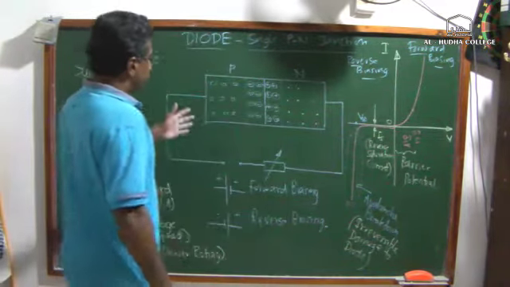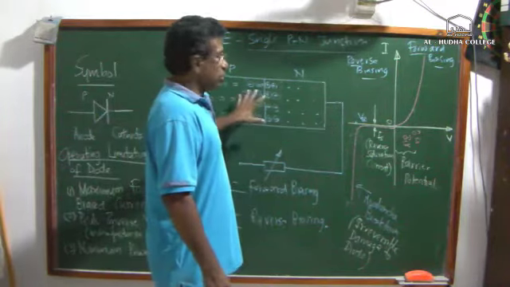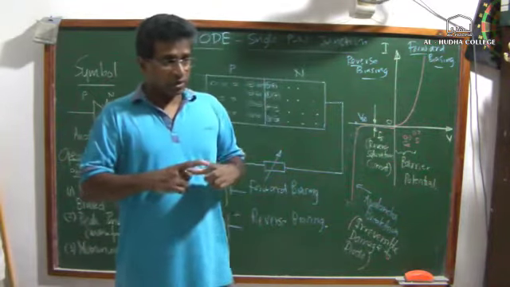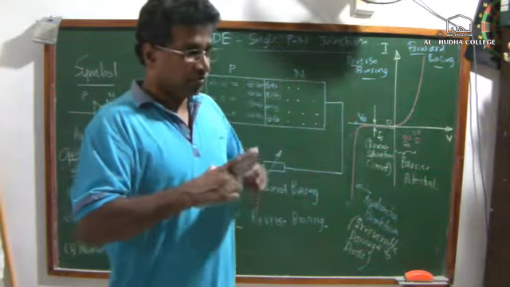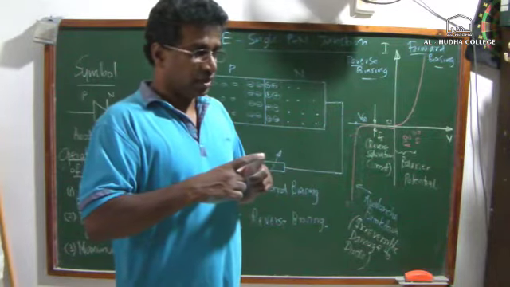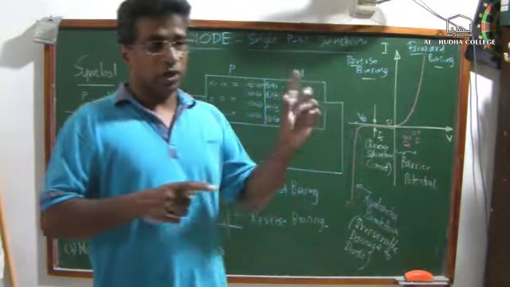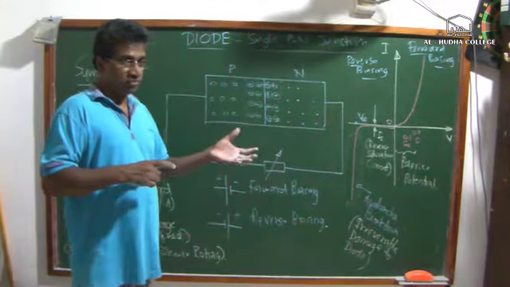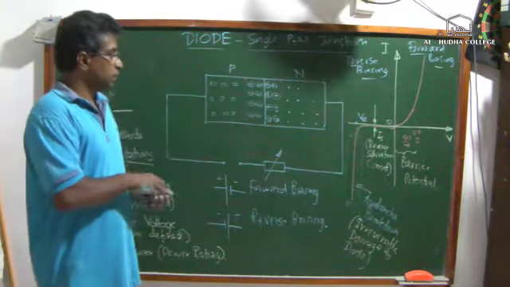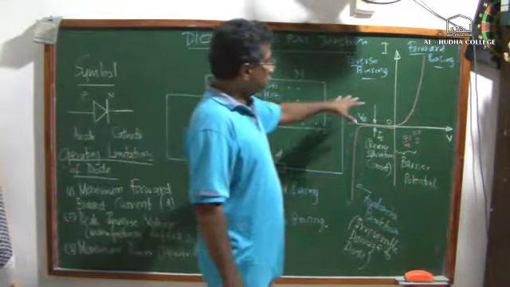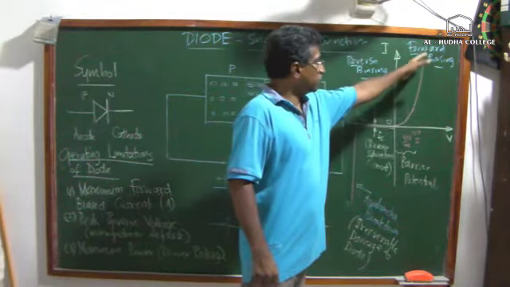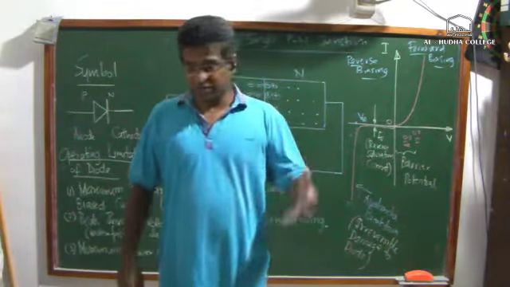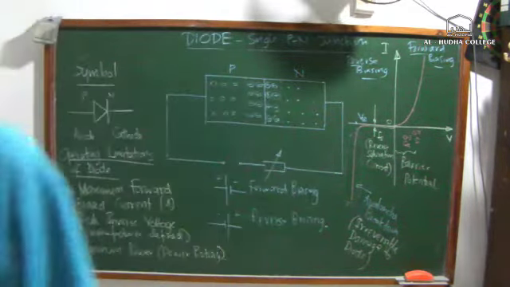But if you form a PN junction, although we have the same material, when you bond it together, the characteristic changes. So we have some control, right? By changing the biasing condition into forward or reverse, we can ensure whether the current will flow or not. So the practical diode will have forward bias characteristics like this and reverse bias characteristics like this. Now we will see what an ideal diode could be.